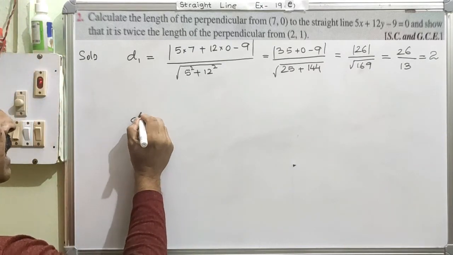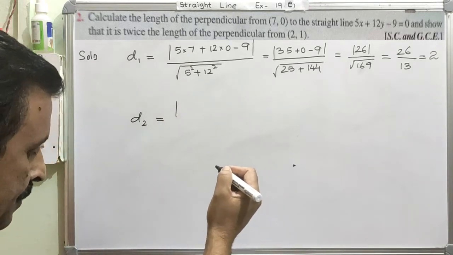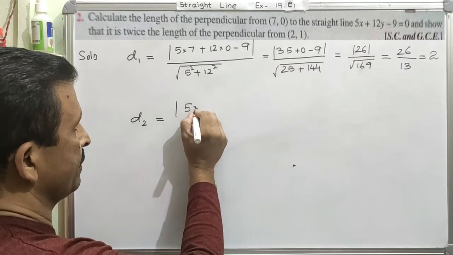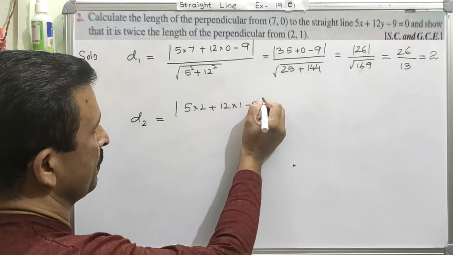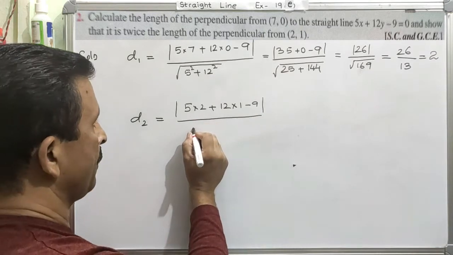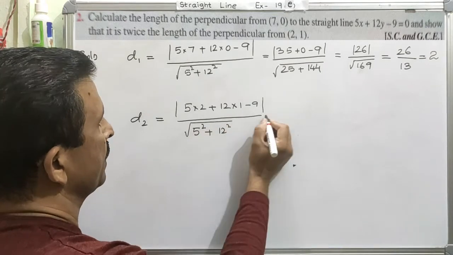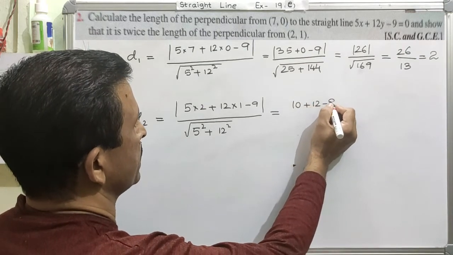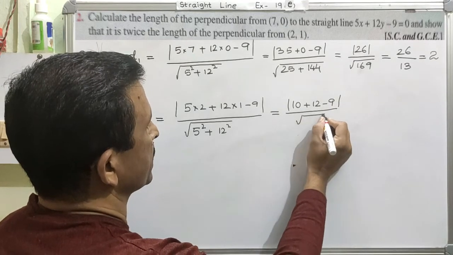Now find the other distance, d2. d2 we can find as the absolute value of 5 times 2 plus 12 times 1 minus 9, divided by root over 5 square plus 12 square, which is 10 plus 12 minus 9 absolute value divided by root over 169.